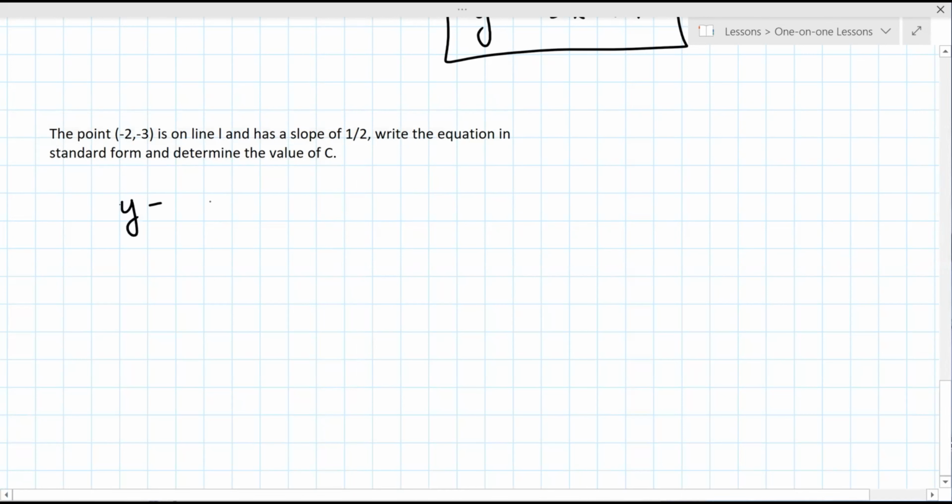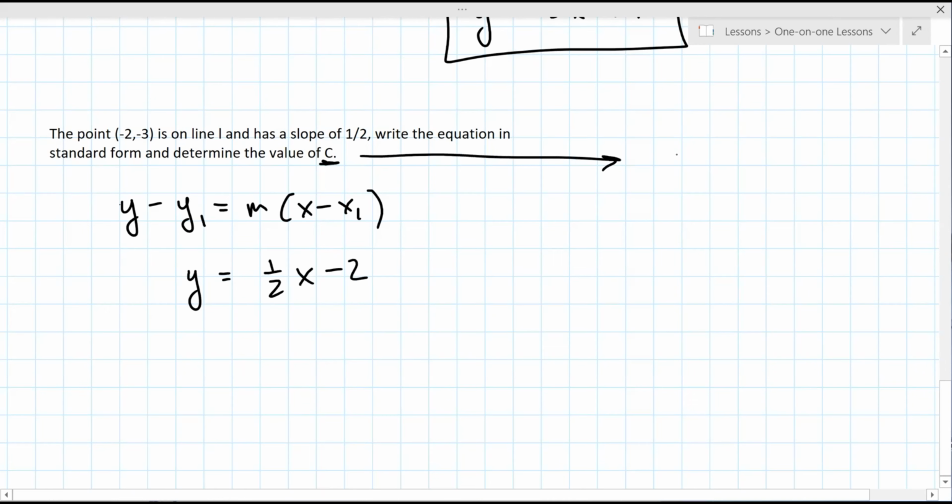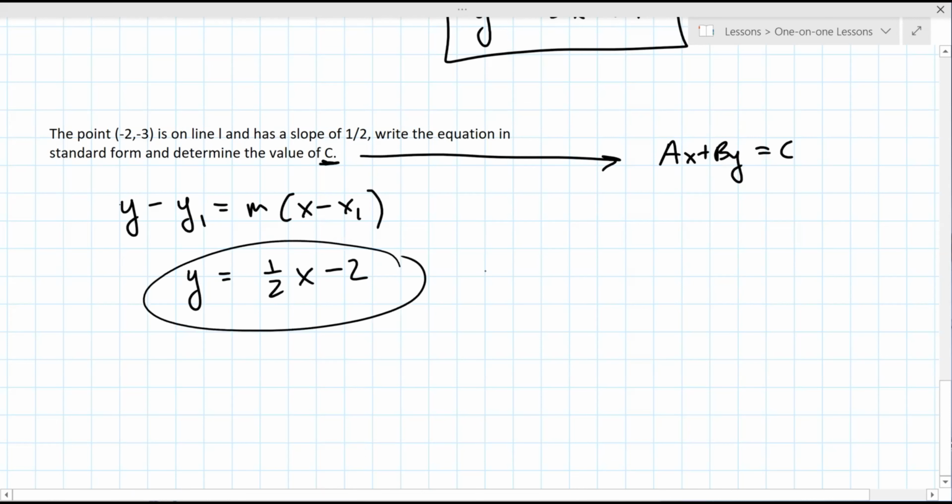Okay, I got y equals 1/2 x minus 2. Yeah, so we got 1/2 x minus 2. Now the value of c here is referring to Ax plus By equals C in standard form. How do you convert this to standard form?